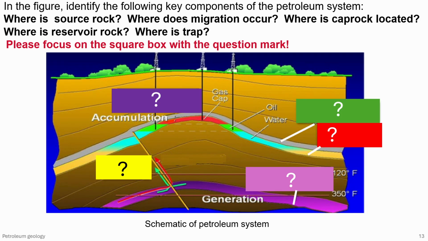The source rock is where hydrocarbons are generated. Migration occurs along the pathways that transport them upward. The reservoir is where they accumulate. The caprock seals them. And the trap is the structural or stratigraphic geometry that keeps them in place.